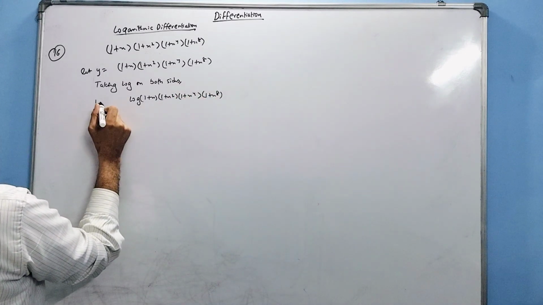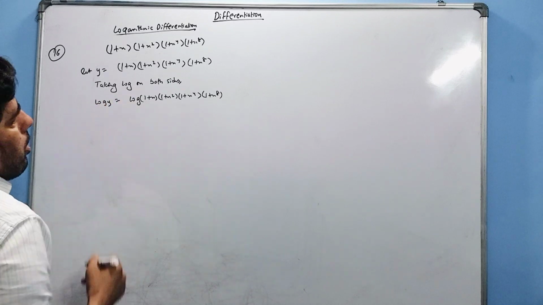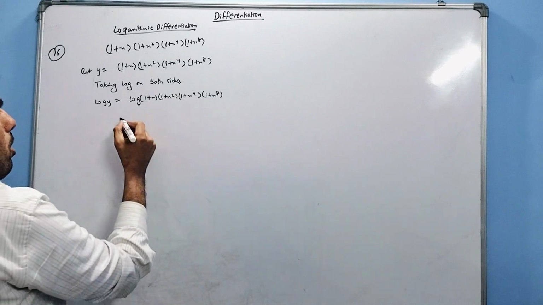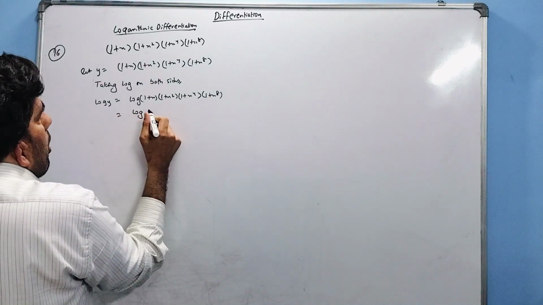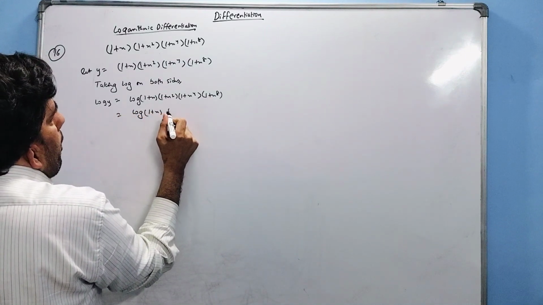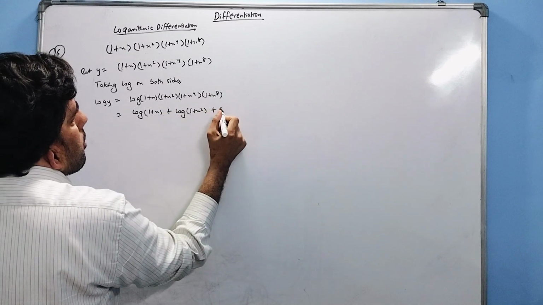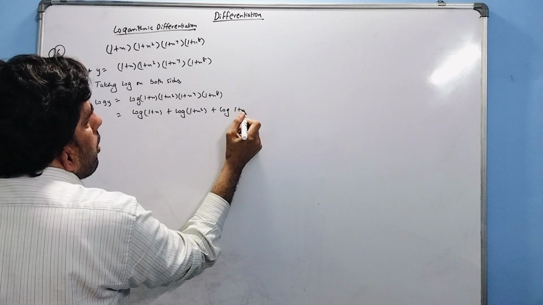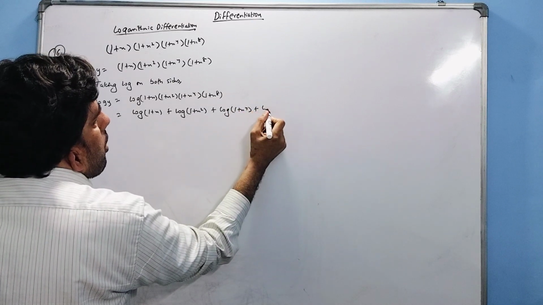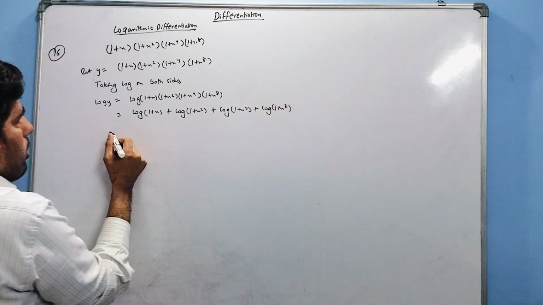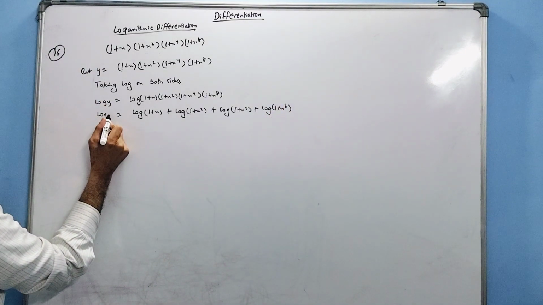We know that log of a, b, c, d will be log a plus log b plus log c plus log d. So we have log a plus log b plus log c plus log d. So we have this. Now what will be my next step?